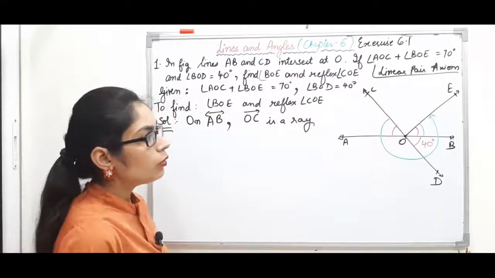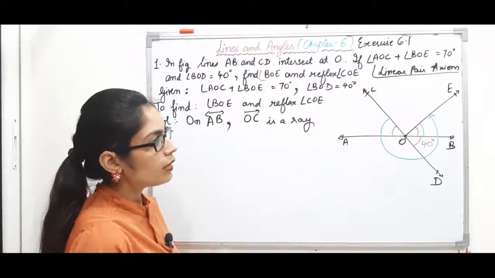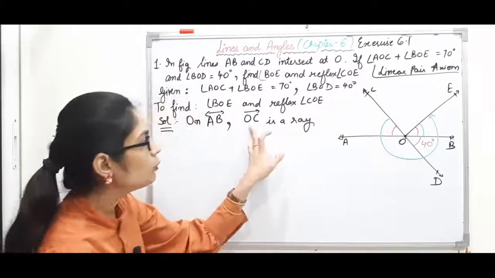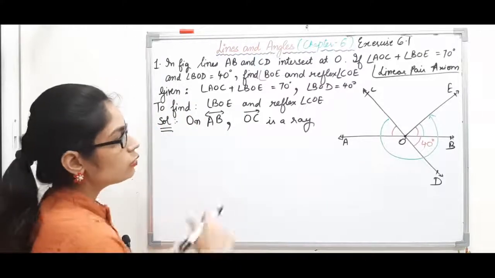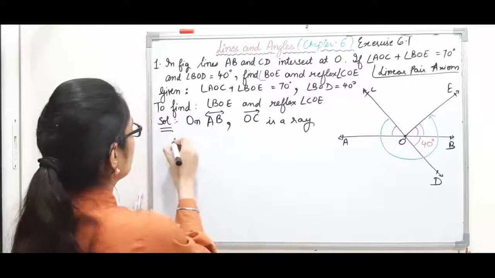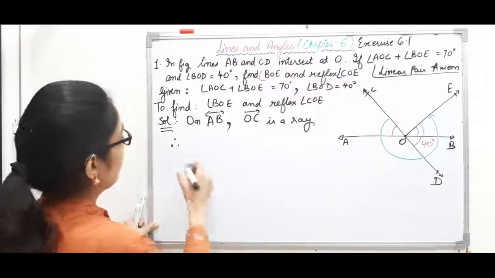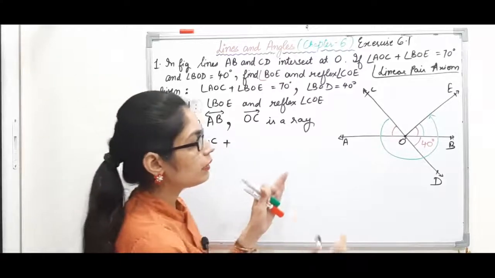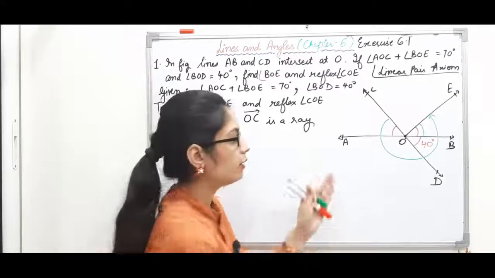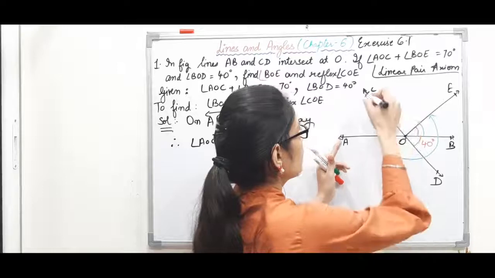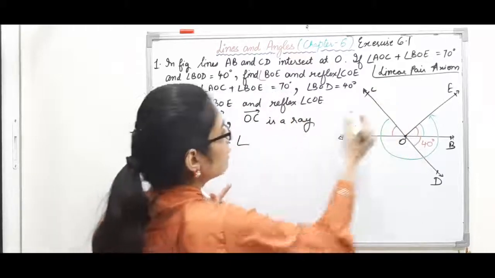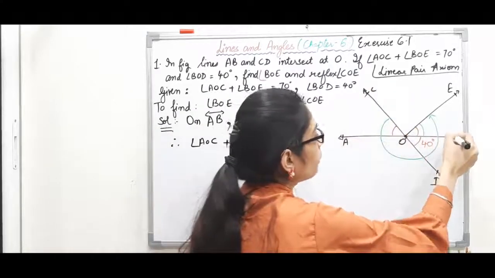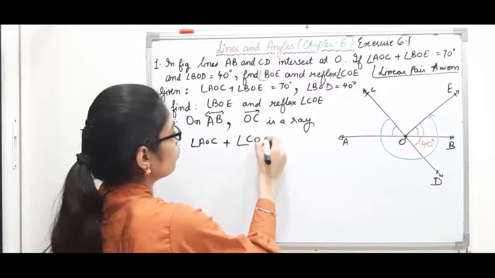So as of now, because three angles are there, and I have assumed ray OC, I will write: therefore angle AOC plus, two angles I will write because I have to write the adjacent angles. So AOC, this one, and the other one I will write, COB.